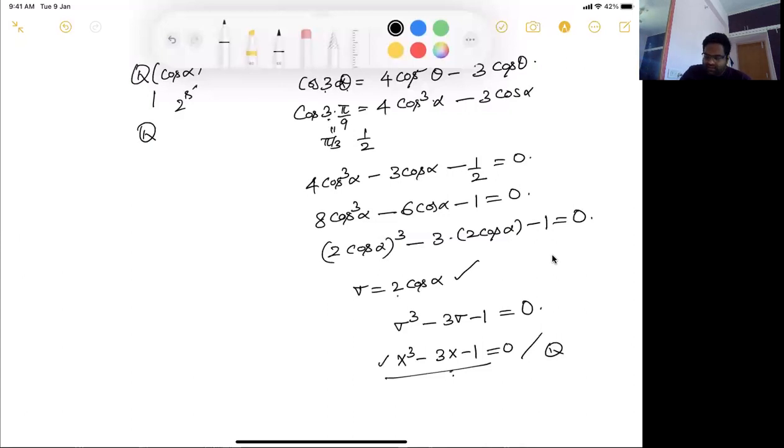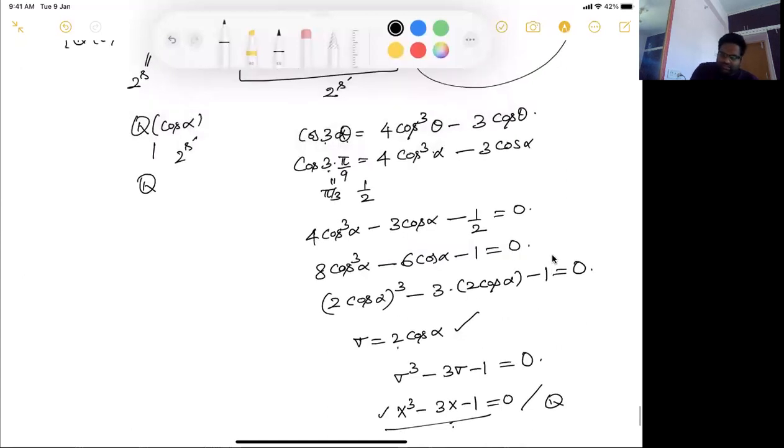But if it is the minimal polynomial of σ, that means this extension is also equal to Q(2 cos α). So 2 is already present in Q. Doesn't make any difference if you adjoin 2 or not. So this extension has degree 3, which is not of the form 2 to the power of s'. Which is what you need to show.